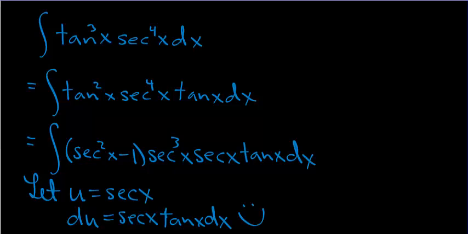Because now we have a nice integral that anybody could solve, right? We have u squared minus 1, u to the third, du. There. And so these trig identities, this is where you can start to see why those are important.